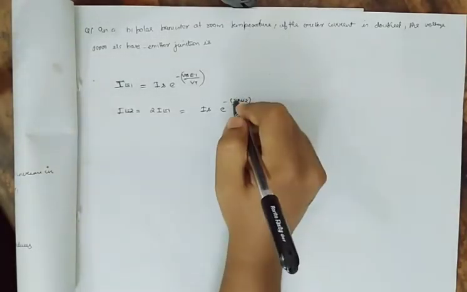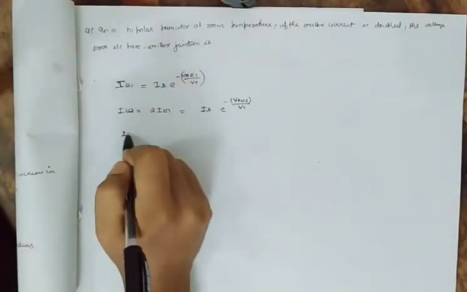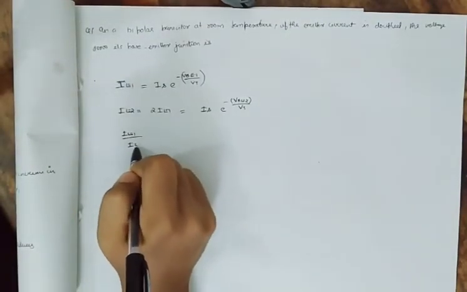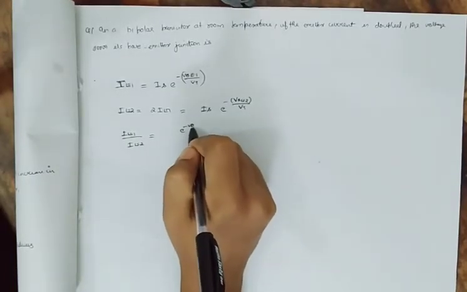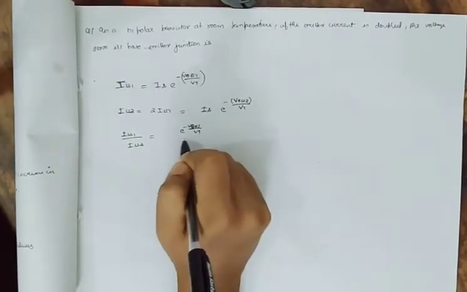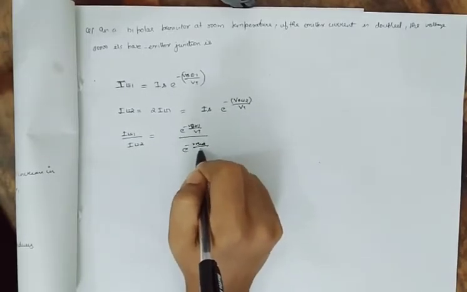the base emitter voltage. So therefore I will divide IE1 by IE2, and we will get e raised to minus VBE1 divided by VT, whole divided by e raised to minus VBE2 divided by VT.